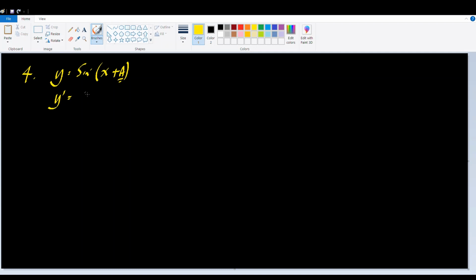So y prime is cosine of (x plus a). So we pause for a while and ponder on this differential equation, y prime equal to cosine of (x plus a). Notice the persistence of the arbitrary constant a. So what can we do to these two equations so that in the end our differential equation will be free of the constant a?